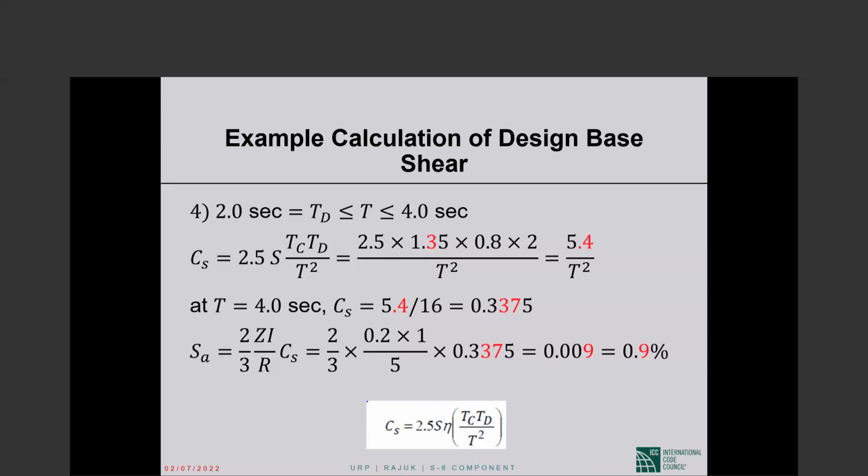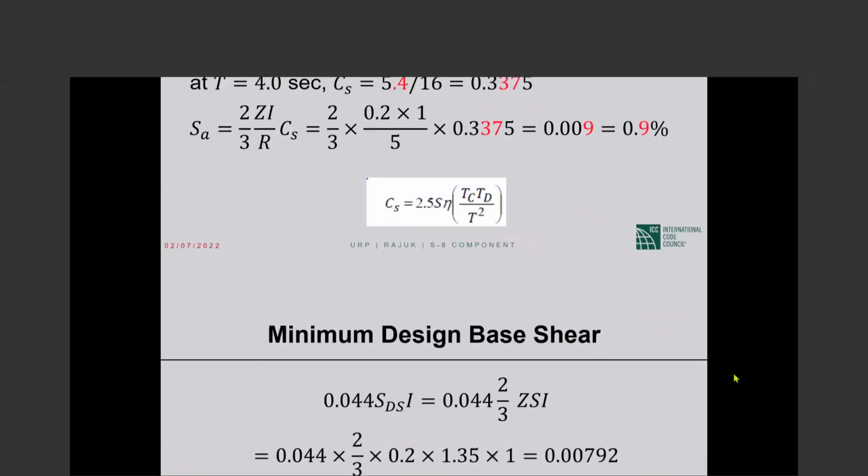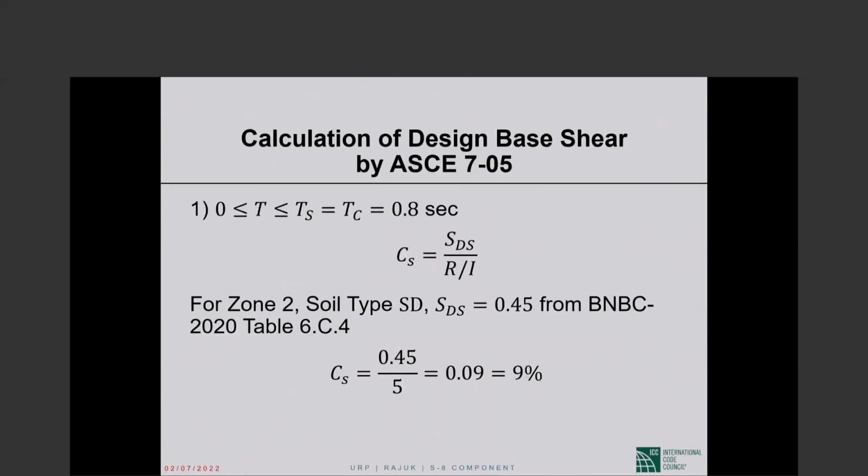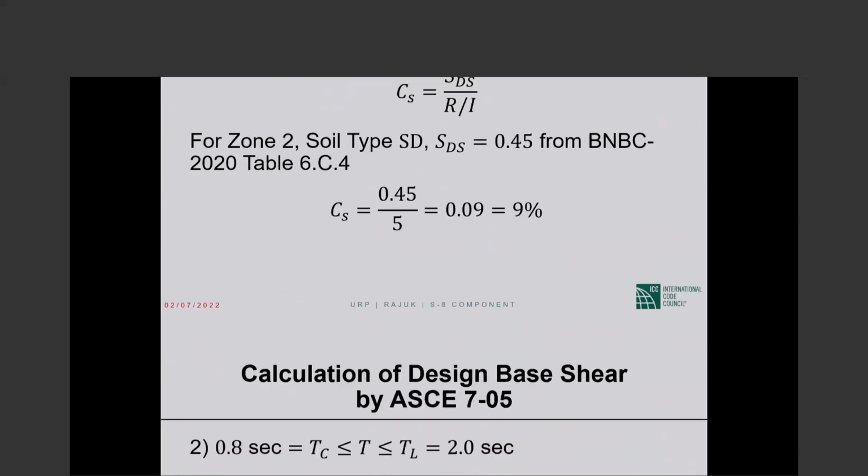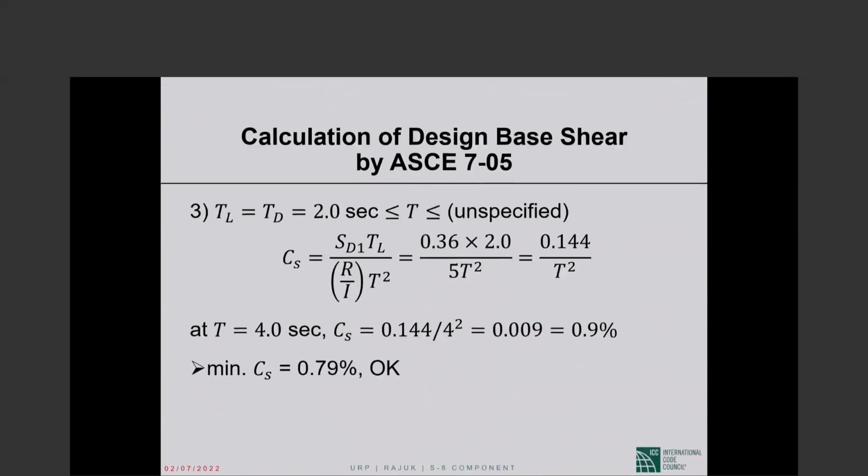And now, with the correction made, there is no difference between the BNBC number and the ASCE 7 number.